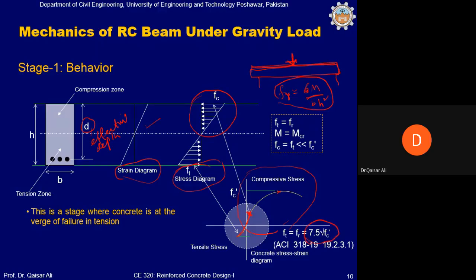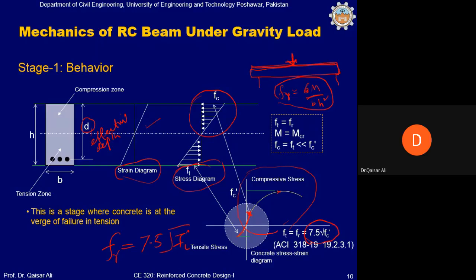If you remember, I also said in the previous lecture that the tensile strength of the beam is directly proportional to the square root of compressive strength, not directly to the compressive strength. And the ACI code has given us an equation that in the absence of any test, the flexure tensile strength of the beam will be 7.5 times the square root of f_c prime, or it is also called the modulus of rupture.